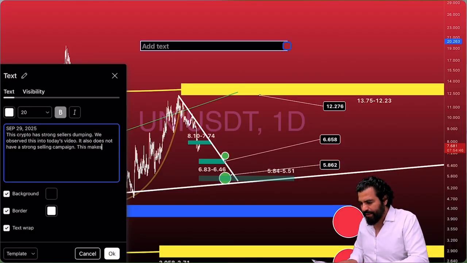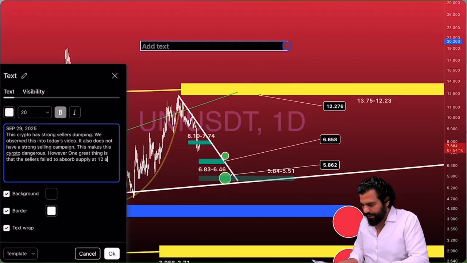This makes this crypto dangerous. However, one great thing is that the sellers failed to absorb supply at the $12 area. This is important.